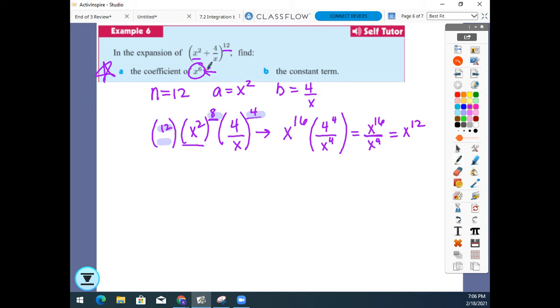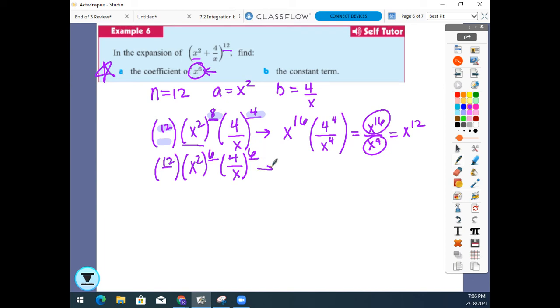All right, I'm nowhere near 6. That means I'm going to have to get this number lower and this number higher. So let's try this again. This is going to be 12 something. All right, so let's try going down to 6. If this exponent is 6, this exponent has to be 6 because 6 and 6 makes 12.